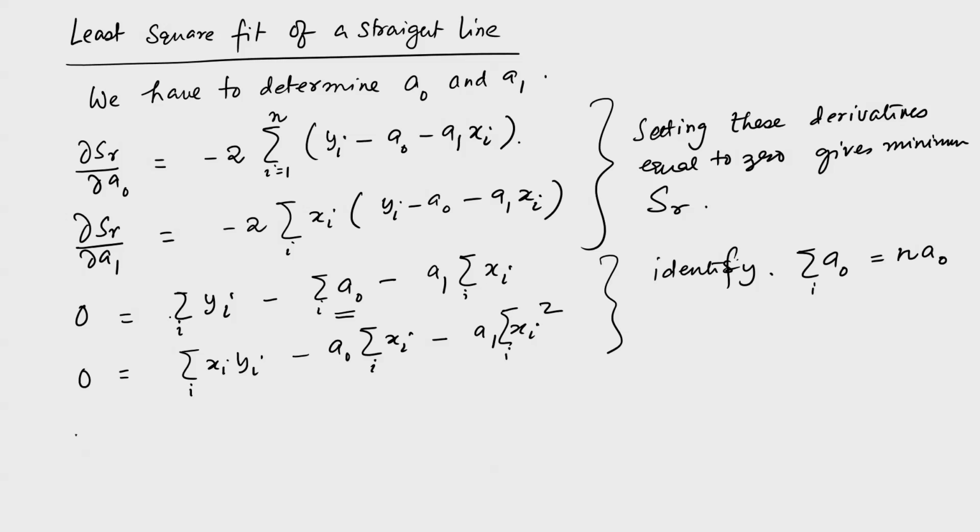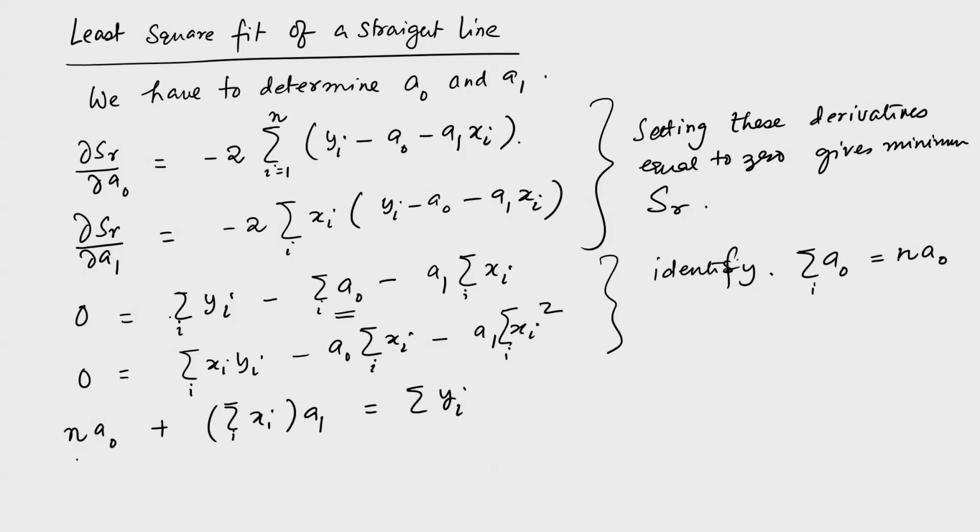So, then I can write down this slightly reorganized equation as n A 0 plus sum over i x i A 1, which is equal to sum over y i.